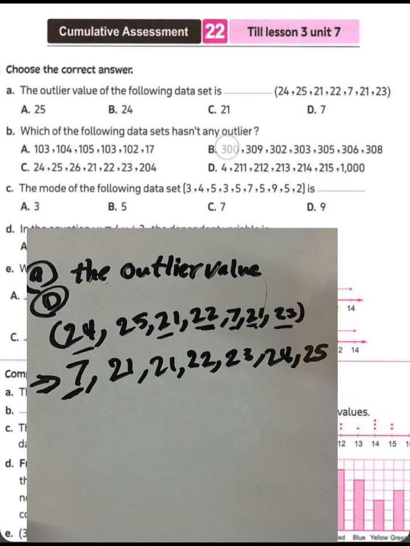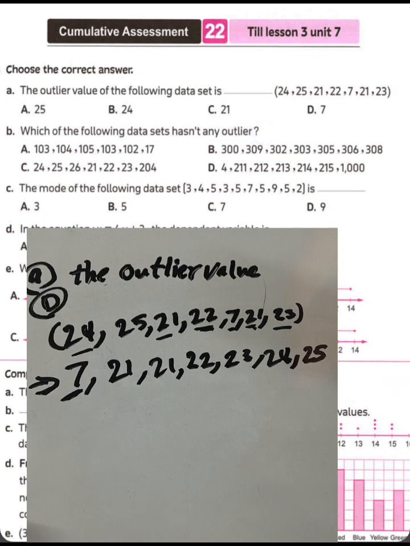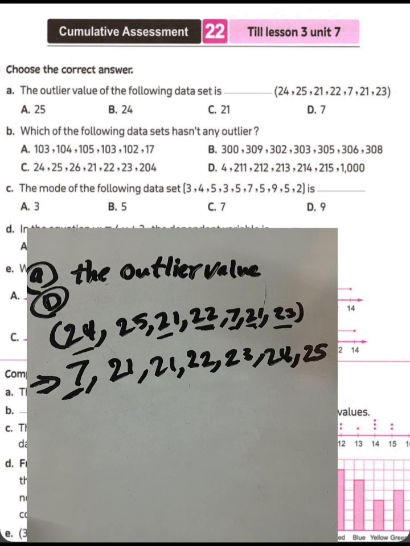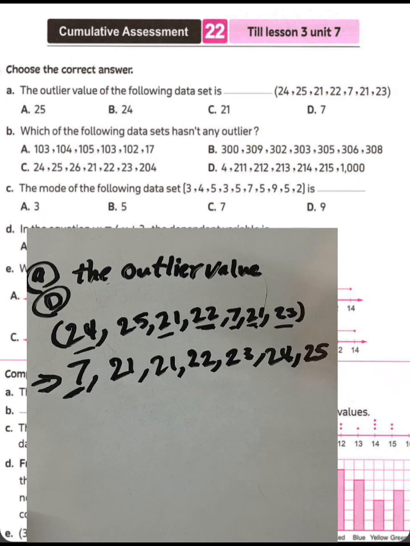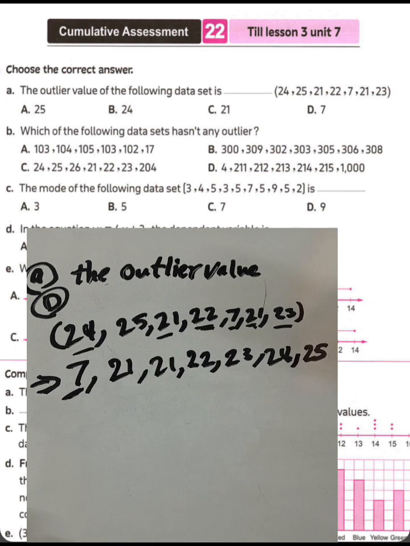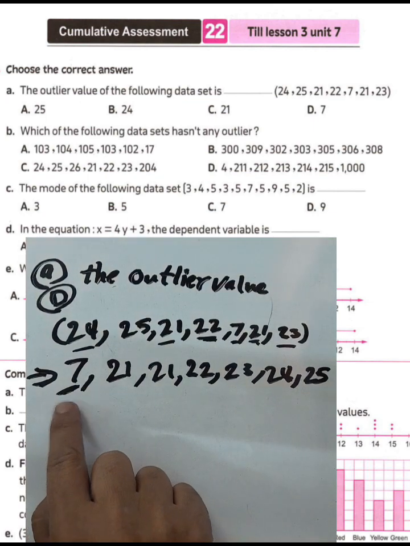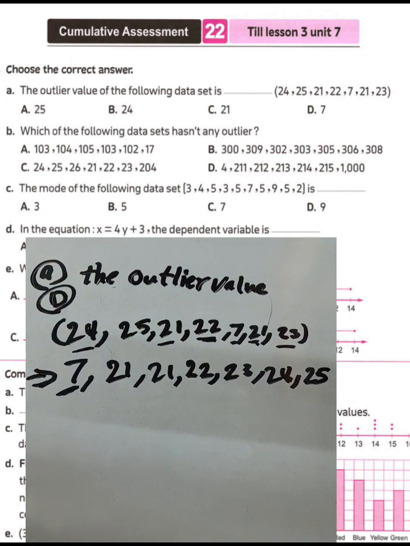But letter B, we have 300, 309, 302, 303, 305, 306, 308. We have 300, the least number, and we haven't 6, 7 here. But 7 lies outside here, then 7 is the outlier.